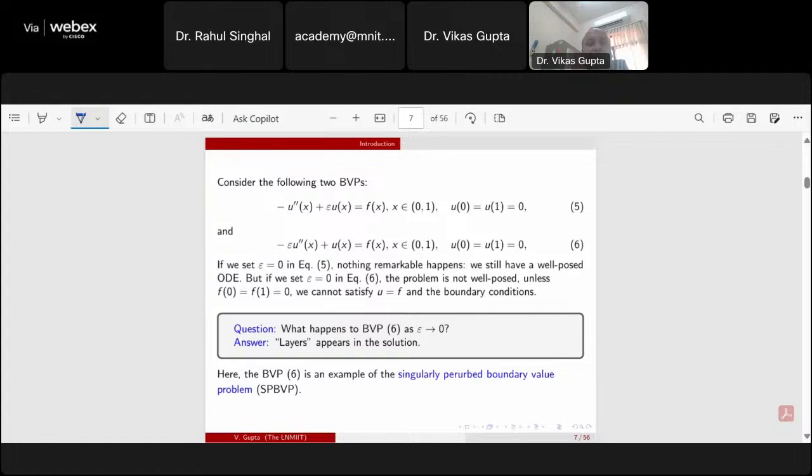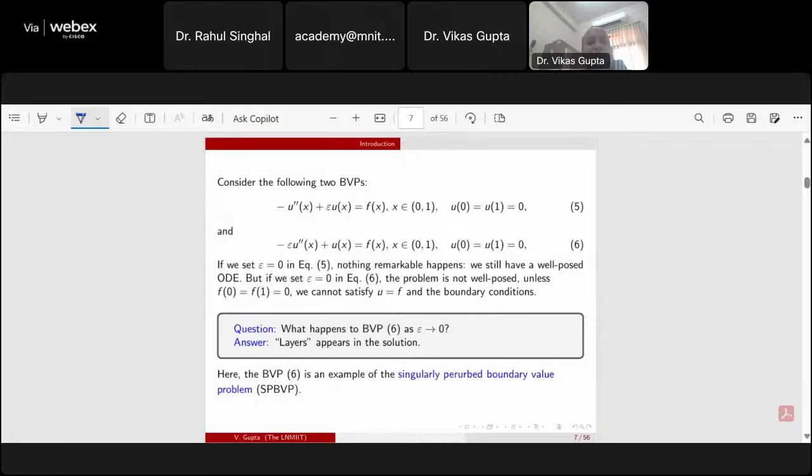In equation number 5, the small parameter epsilon is multiplied with the lower order term, that is, with u(x). That problem is defined by minus u double prime(x) plus epsilon u(x) equal to f(x), the domain is the open interval (0, 1), and boundary conditions are specified: u(0) equal to u(1) equal to 0. Another problem is defined in equation number 6, where the perturbation parameter epsilon is multiplied with the higher order differential term, that is, with u double prime.